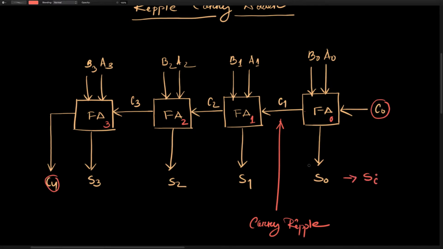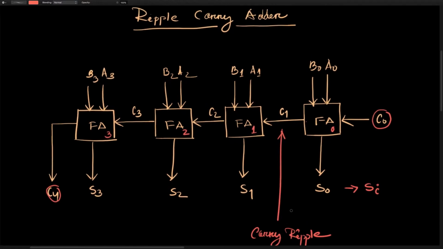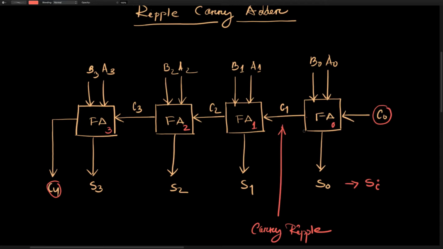Now why do we call it a ripple carry adder? We call it that because the addition procedure is sequential. The operation of this full adder cannot be completed if the operation of the previous full adder is not completed. After the completion of the first full adder's operation you get c1, which is fed to the next full adder, which then operates, and this feeds the full adder of the next level, which then operates, and then feeds the full adder of the next bit calculation.